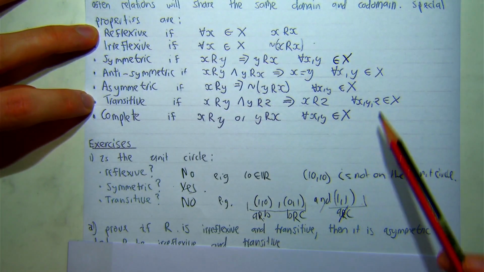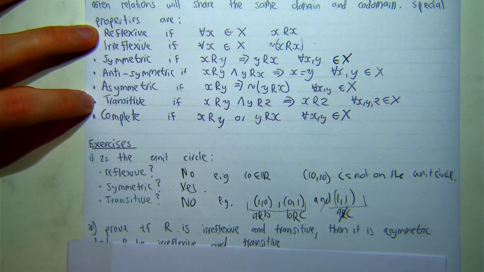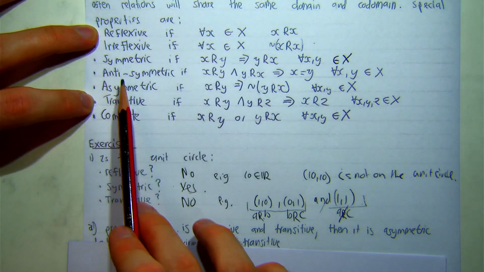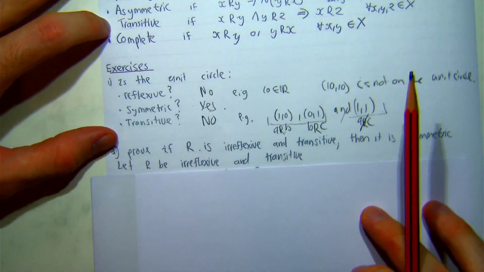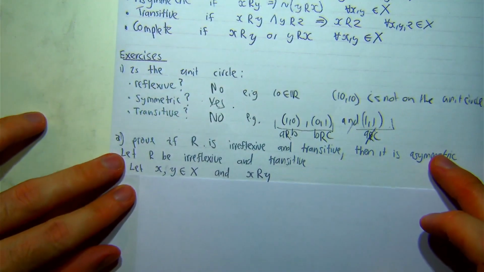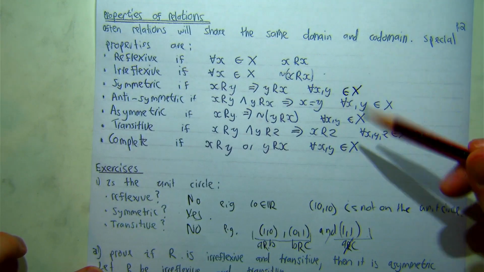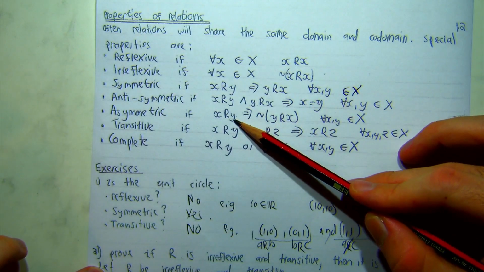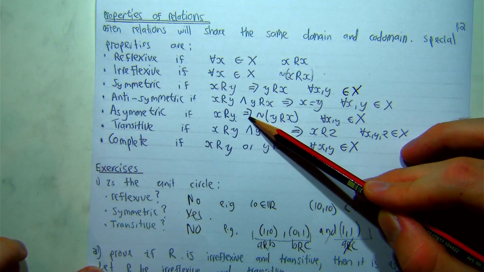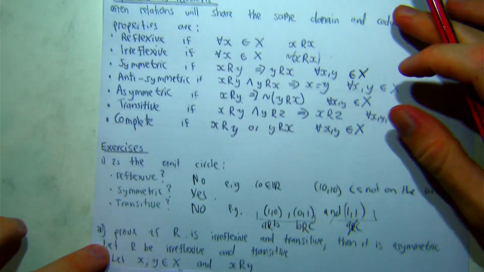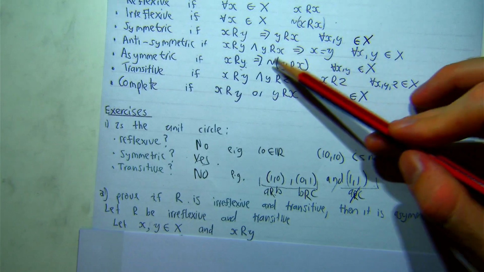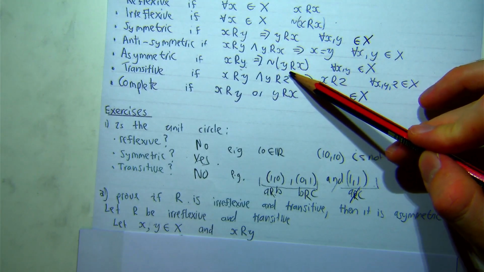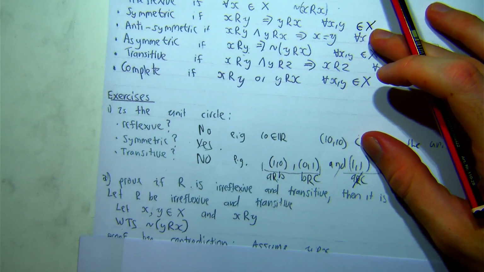And then we're trying to prove from those two things that we have asymmetric, which is here. Let's start off by establishing the premise of asymmetric, which is that x relates to y, and then see if we can infer from the other things that this is true. So let x relate to y, and we want to show that y does not relate to x.